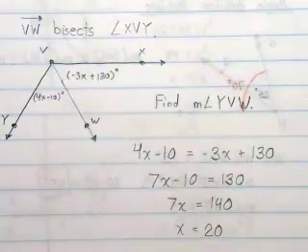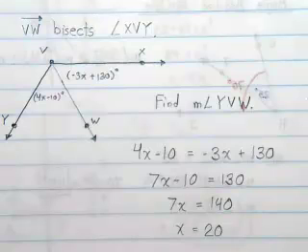Okay, so once I know x, then I ask myself, okay, what am I really trying to find? I'm really trying to find YVW. Where's YVW? Boom, right there. So what am I going to do? Just plug it in, right? 4 times 20 minus 10.